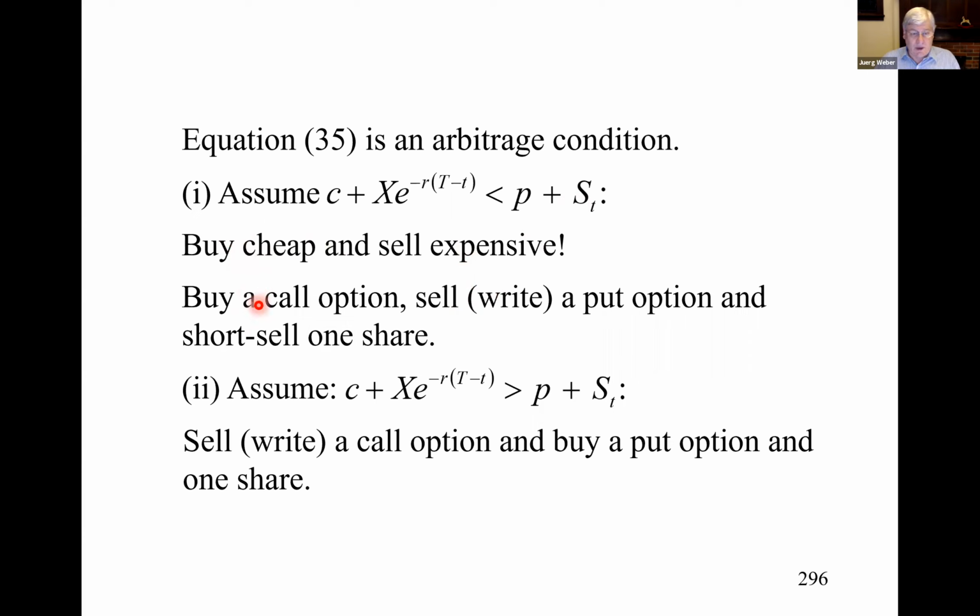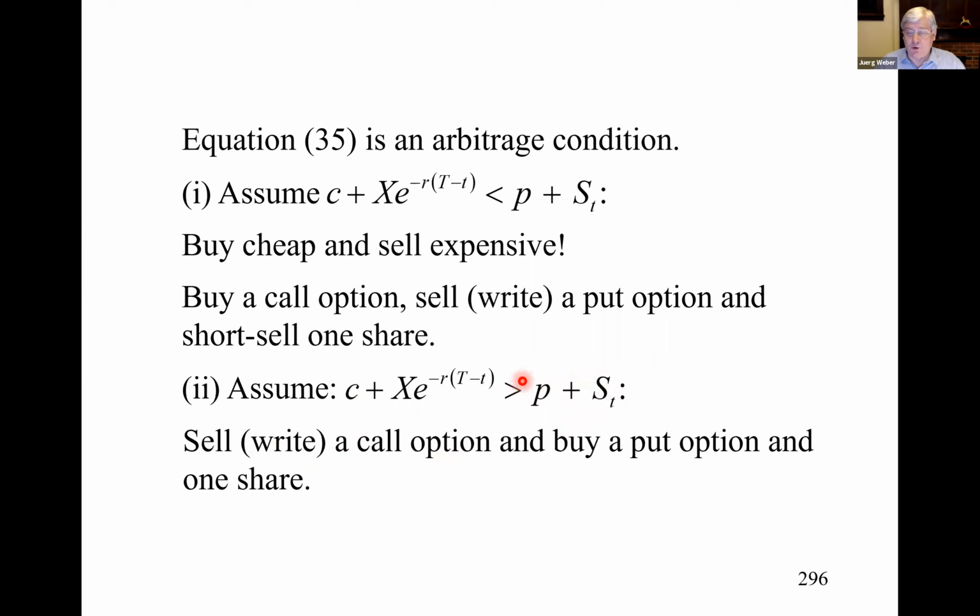Now, if it's the other way around, so the left side is bigger than the right side, now you sell a call option, you write it, and you buy a put option because that's cheap, and you also buy one share. Now, if everybody buys put options and buys shares, this drives up the right side here.